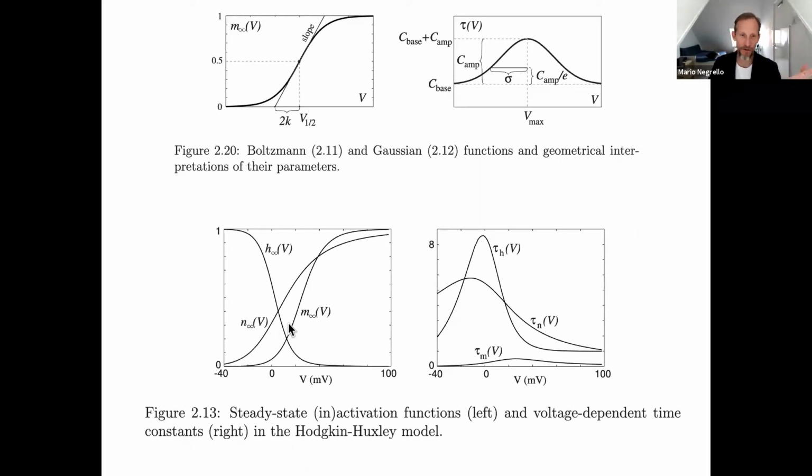But you also have open potassium channels, a certain proportion. And they're balancing each other out. So this is what's called a window current. Sodium is constantly coming in, potassium is constantly going out.